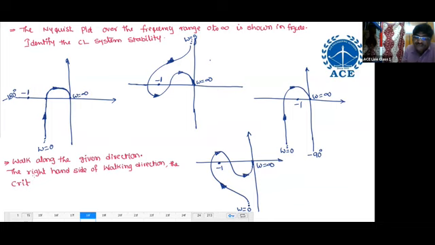What is the critical point? Critical point means -1 comma j0. It should not exist. Then the system is stable. Then the closed loop system is stable.